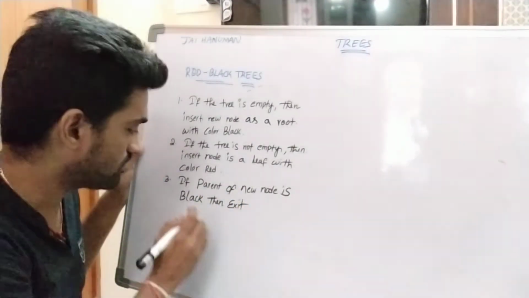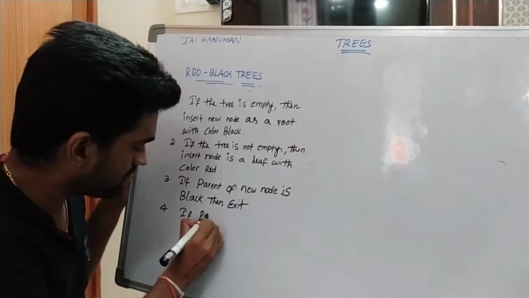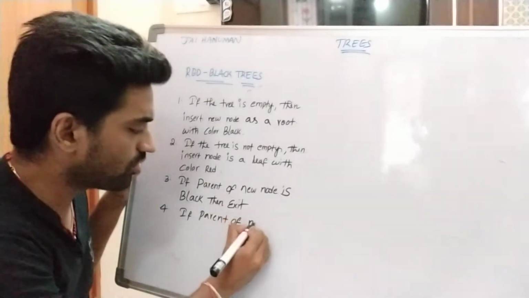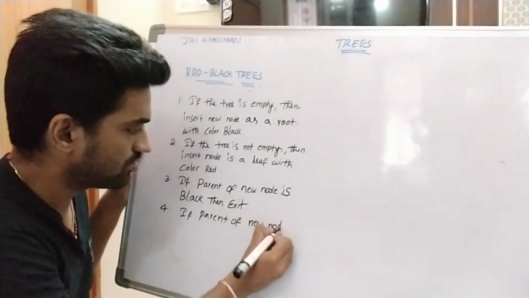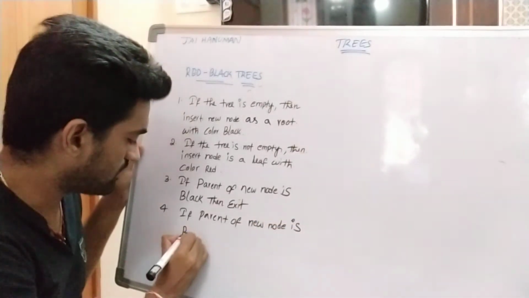That is the third rule. The fourth rule is, if the parent of the new node is red, then check the parent sibling color.